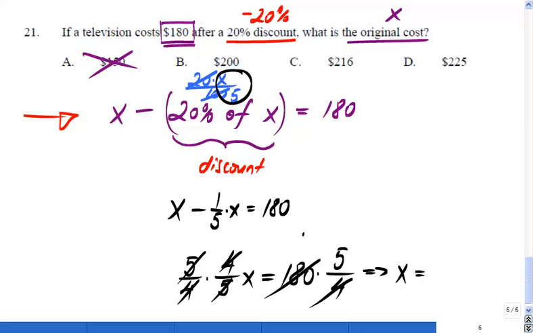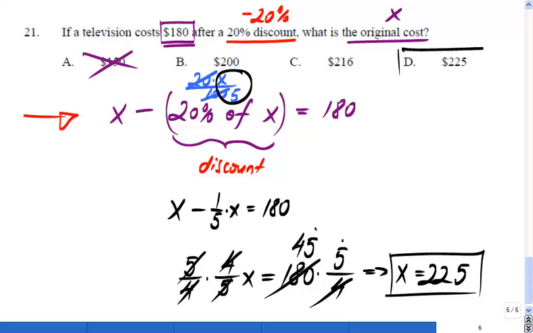How many times? 4 in 18 goes in 4 times. 4 times 4 is 16. 4 goes in 20 5 times. What is 45 times 5? Well, 5 times 5 is 25. 5 times 4 is 20 plus 2, 22. What was the original price? 225, and you should be done.